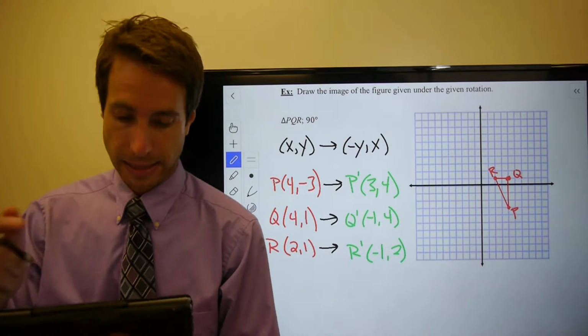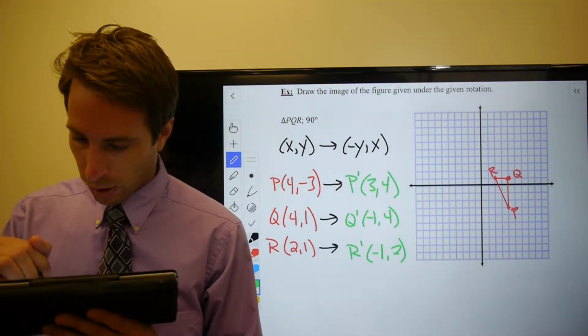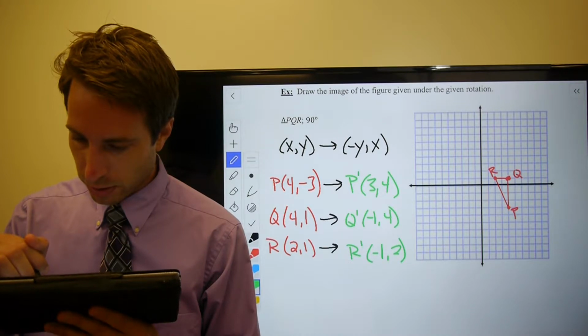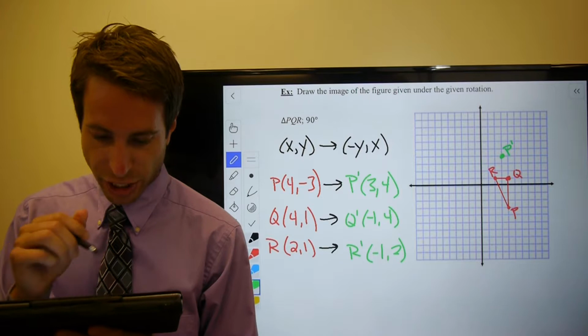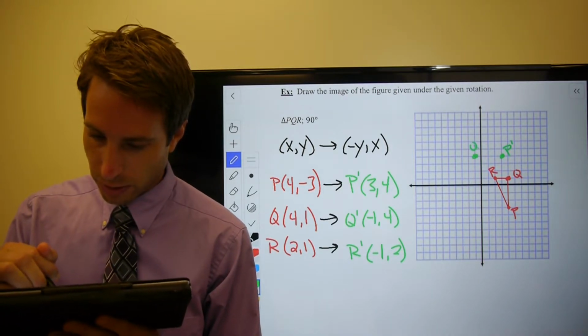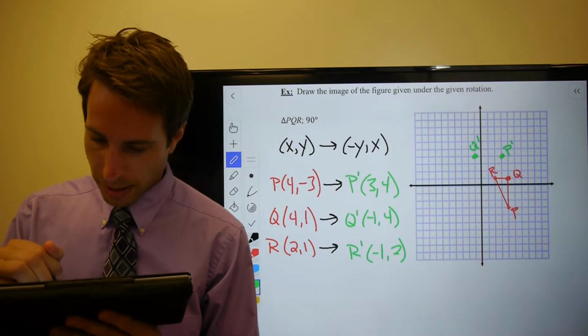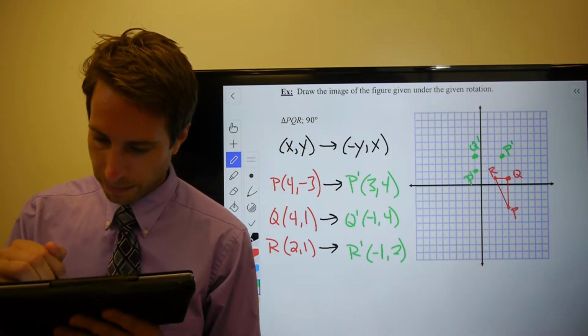Let's plot those guys and see what we get. We're going to be at 3, 4. 1, 2, 3, 4. Right there is P prime. Q, minus 1. That's Q prime. R prime, minus 1, 2. R prime.